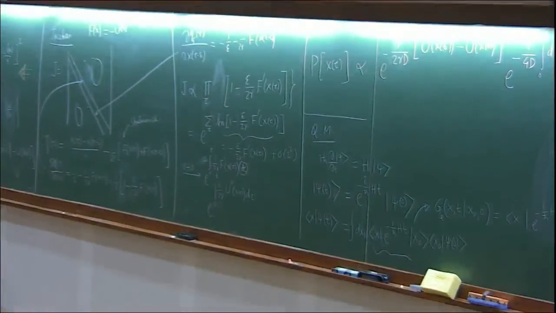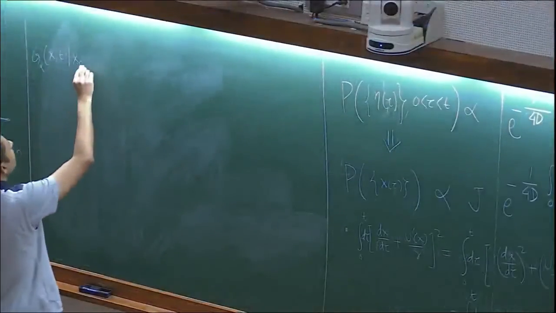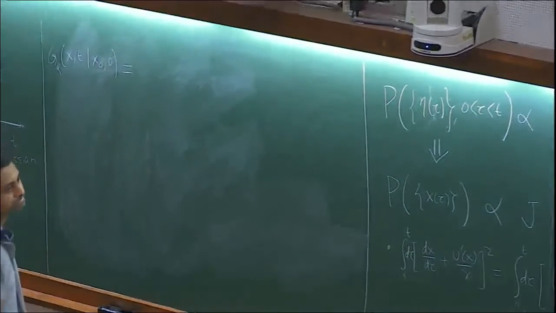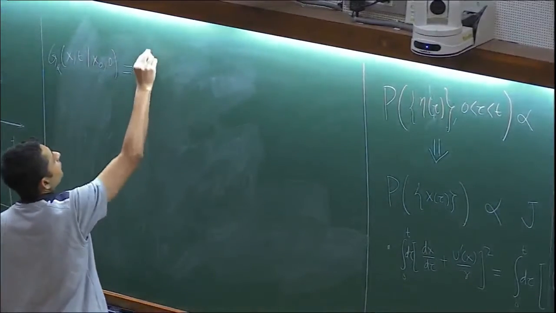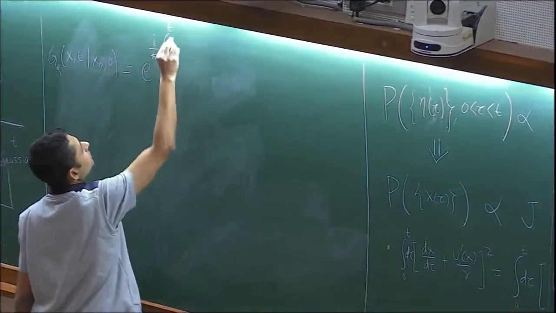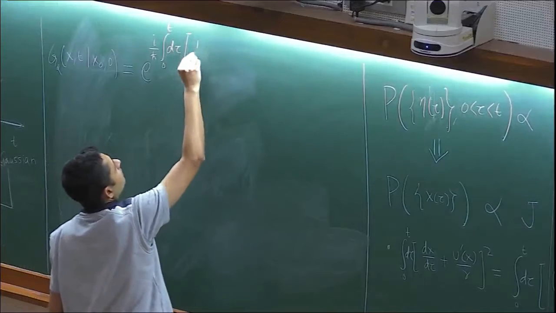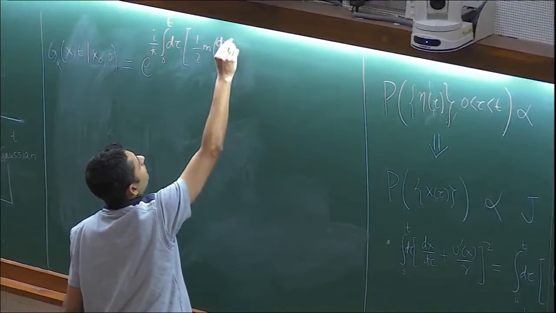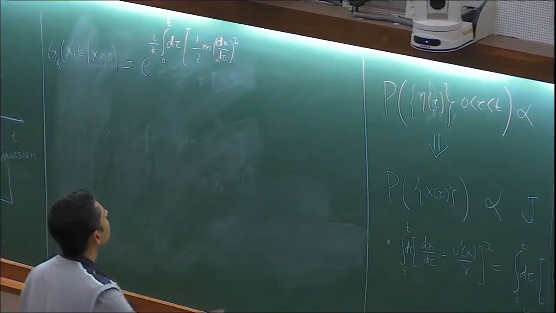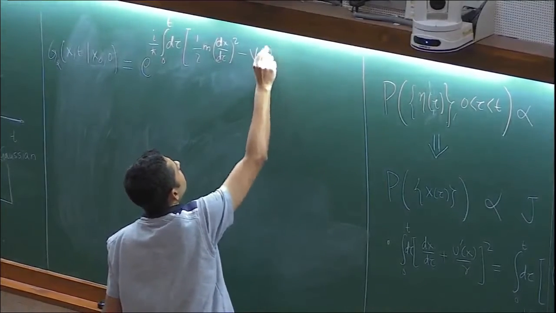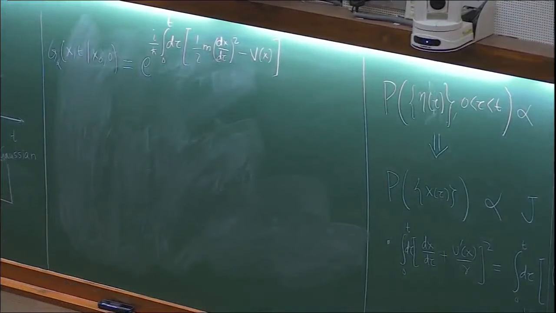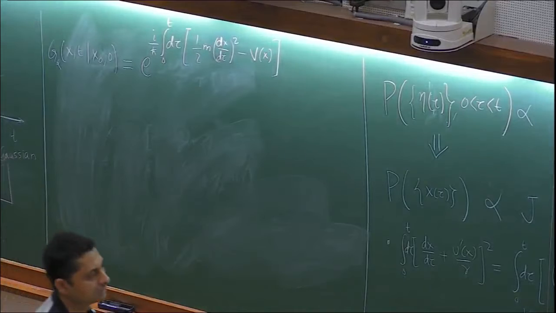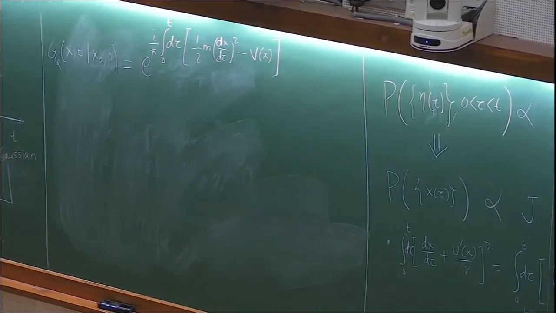So what was that? Exponential of i by h cross, integral 0 to t d tau, half m dx d tau square minus v of x. Is there anything else?